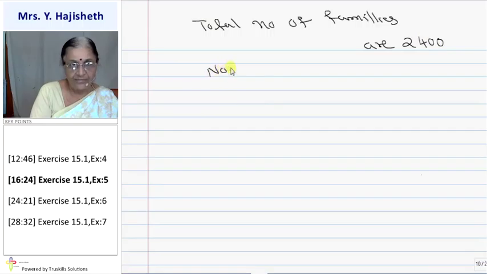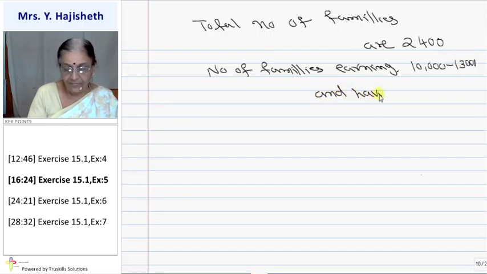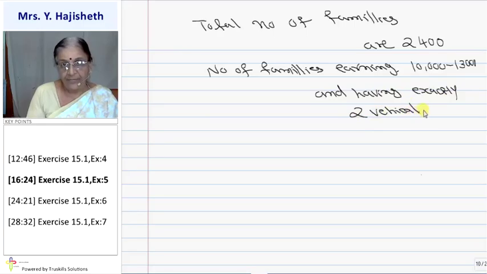Number of families earning 10,000 to 13,000 per month and having exactly 2 vehicles, how will you find it?